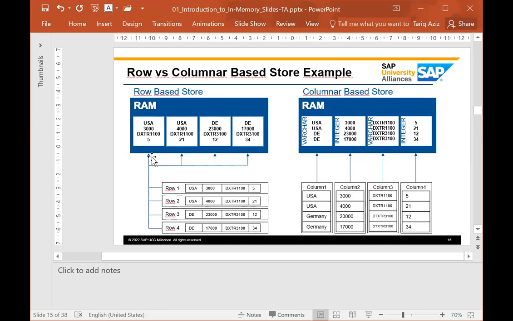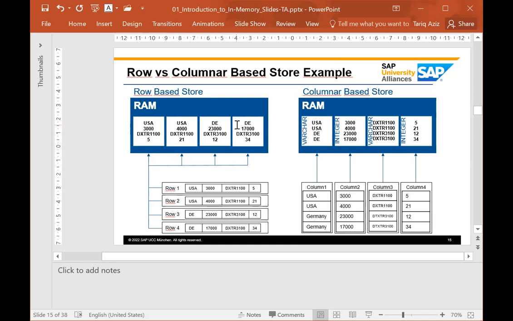Now, if you see here, as an example, when we are reading in RAM, this is row based, we are reading the whole row. You see that? And then we go for the next row, then we read the next row. But actually, we need only the country.